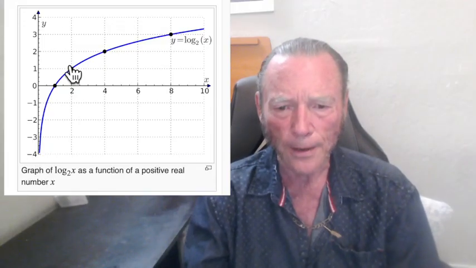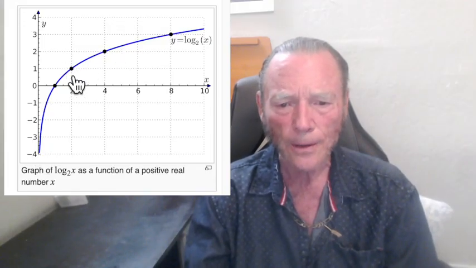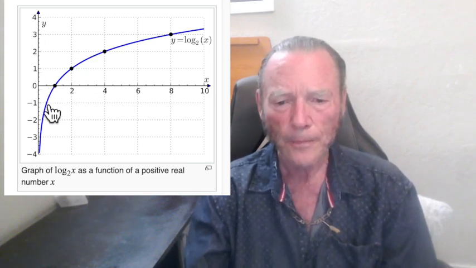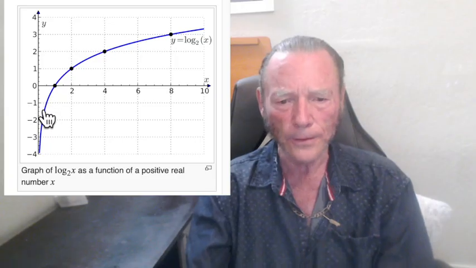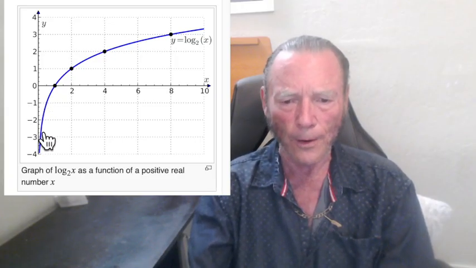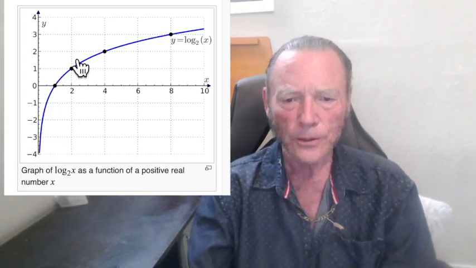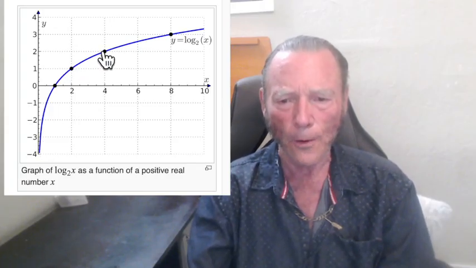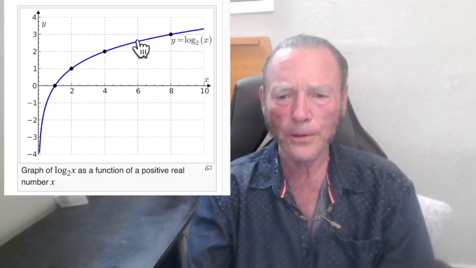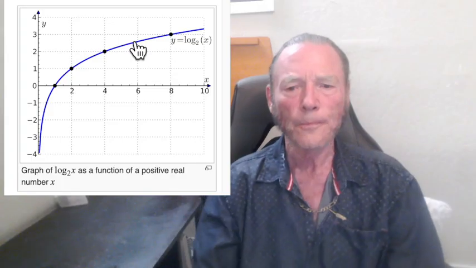So for every 2, 4, 8, that would be exponent 1, 2, 3, you have negative 1, 2, 3 for 1 over 2, 1 over 4, 1 over 8. So this is 2 over 1, 4 over 1, and 8 over 1. These are numbers that are in relation to 1.